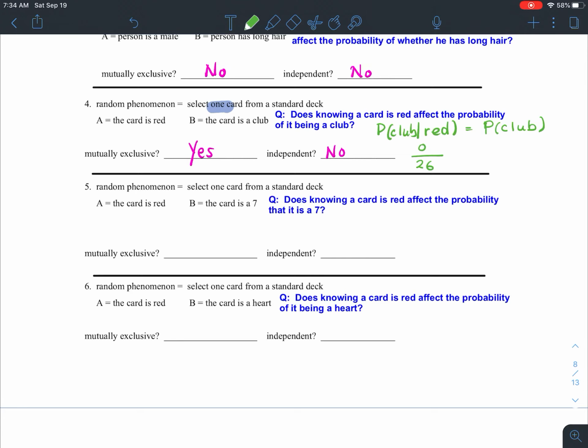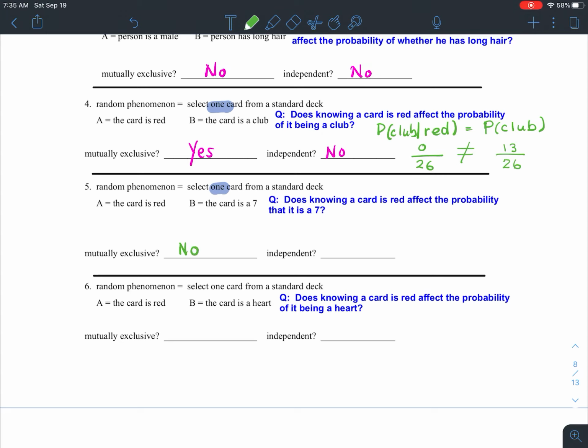But given that it's red, there are 26 cards that are red. The probability of it being a club would be 0. Now what's the probability of a card just being a club? Well, that would be 13 out of 52. These two probabilities do not equal each other. Therefore, I've proven that they are not independent.